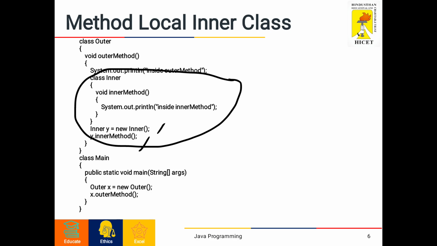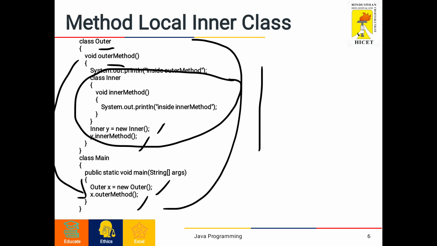If we want to execute all these statements, we have to call the outer method. To call the outer method, we have to create an object for outer, and then with the object of outer, call the outer method. That's what we did in the main function. For outer, we have created an object x, and with the help of x, we are calling the outer method.